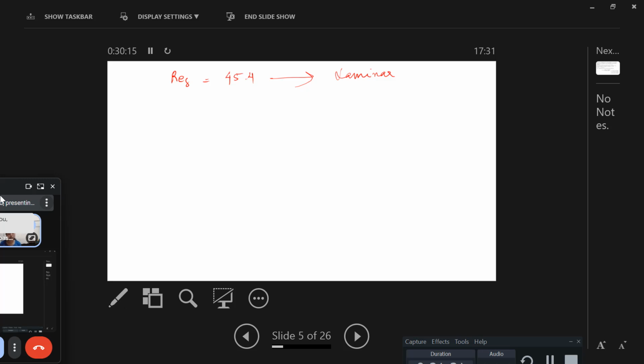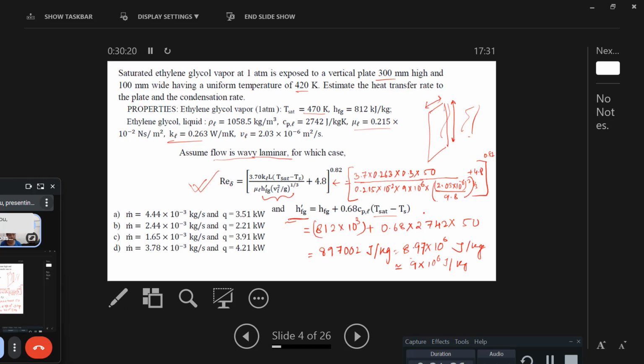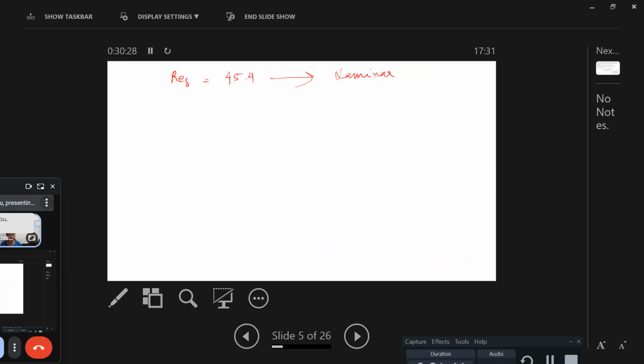So after this, what they have asked to calculate: estimate the heat transfer rate to the plate and the condensation rate. Same thing again, Q and m dot we have to find out. So first we'll find out the condensation rate.